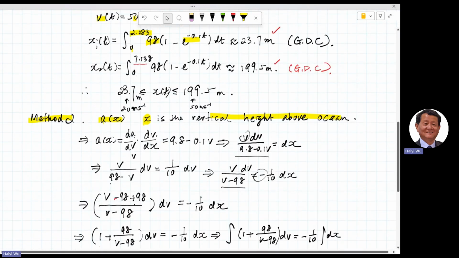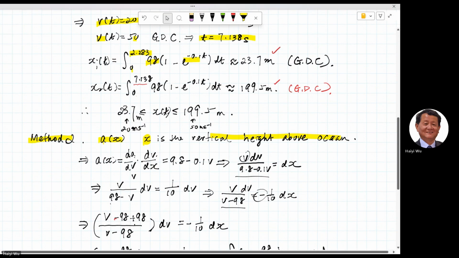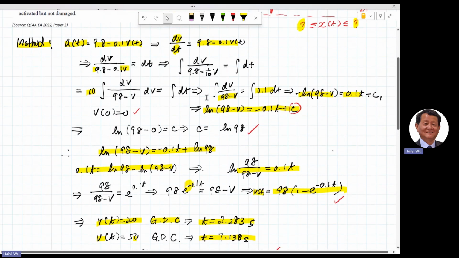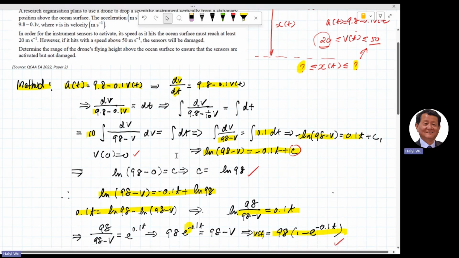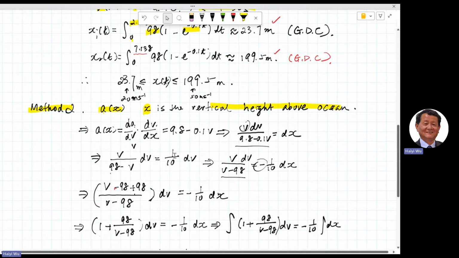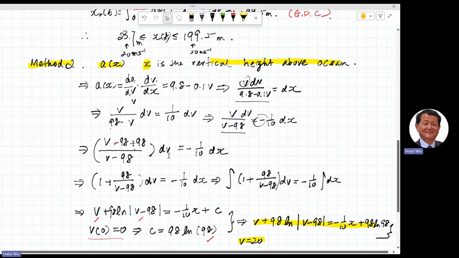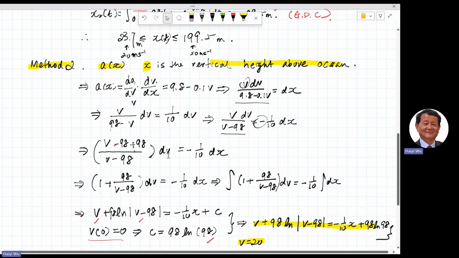So this is a complex, unfamiliar question because we are solving differential equations. This is a very good question that shows you how to solve differential equations.